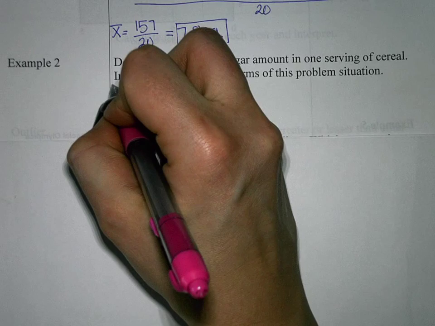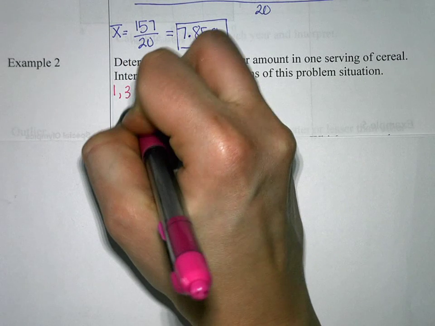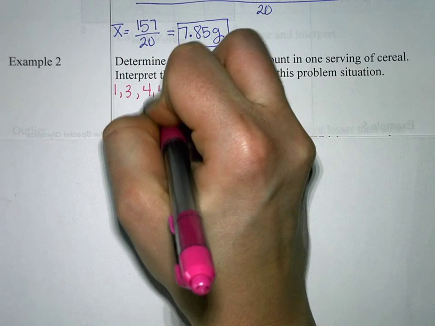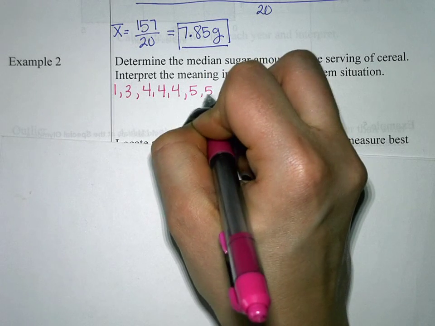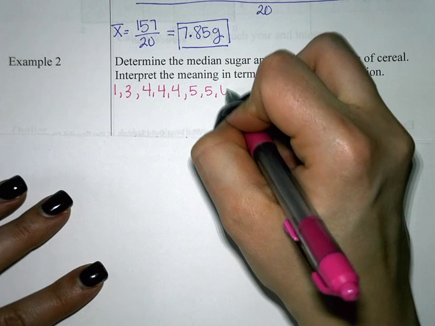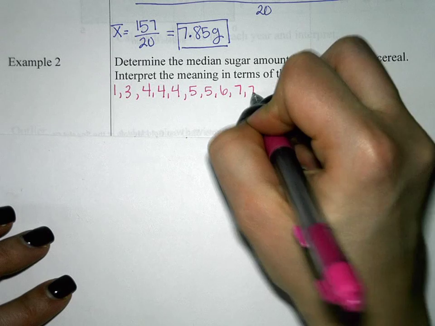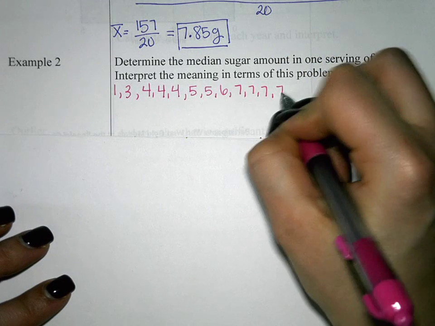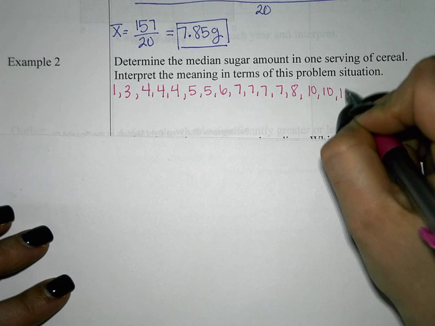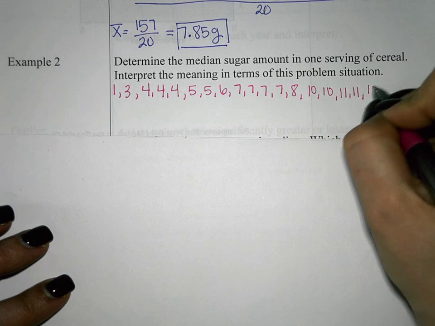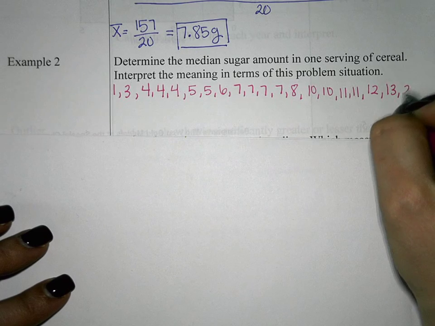So that's going to be 1, 3, 4, 4, 4, 5, 5, 6, 7, 7, 7, 7, 8, 10, 10, 11, 11, 12, 13, and 22.